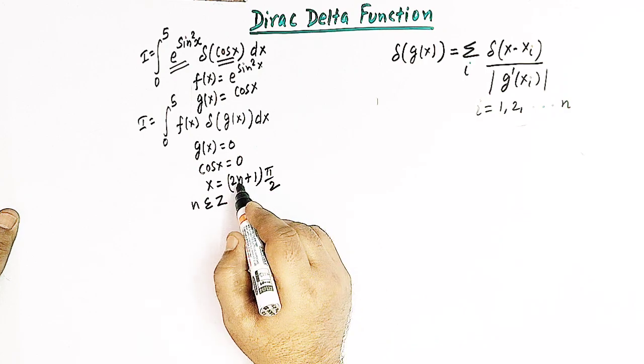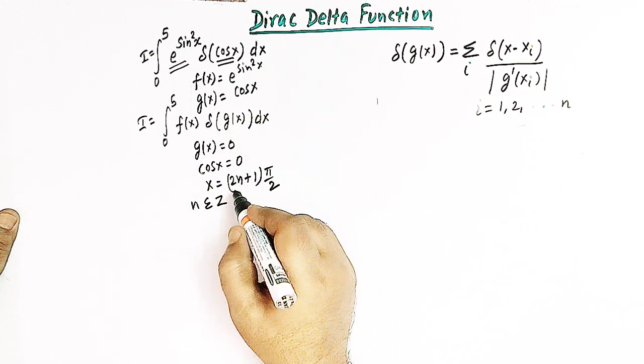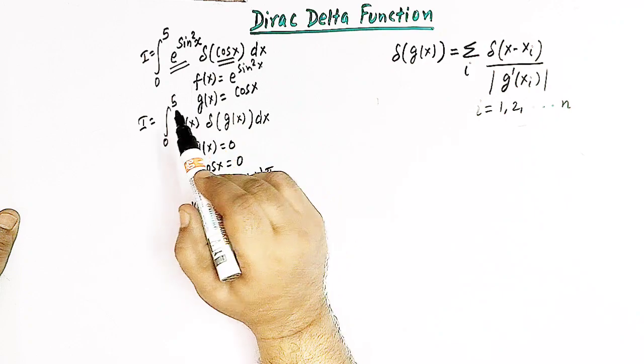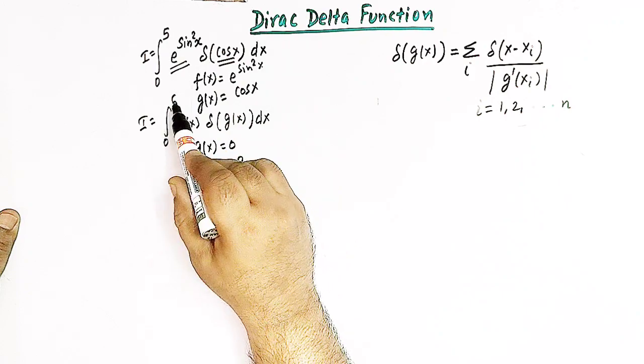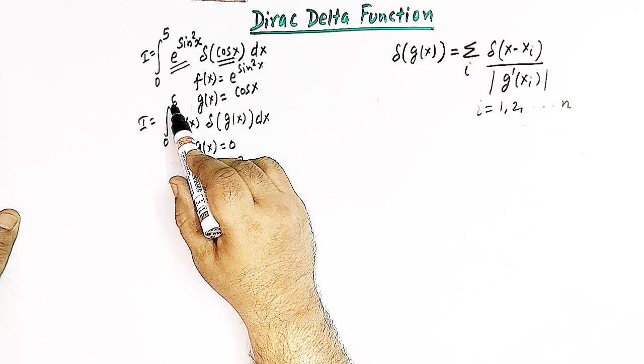Now when we assign the value of n, we have to keep the limits in mind, because here the limits vary from 0 to 5.